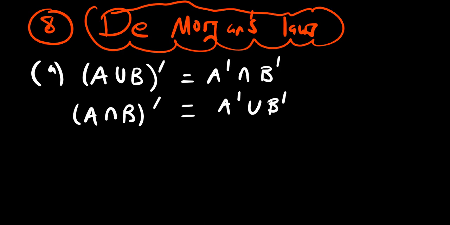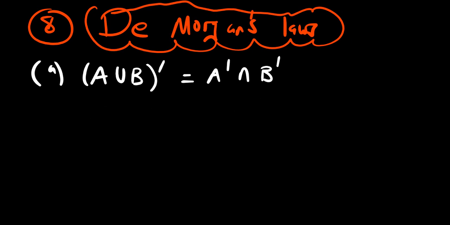So these are called the De Morgan's laws. You're going to encounter a lot of questions, whether in a test or in your exams. Most of the questions will be based on the De Morgan's laws, the distributive laws and the associative laws, maybe even some commutative laws, but this one is a must. You have to know. So let's try to prove the first one.